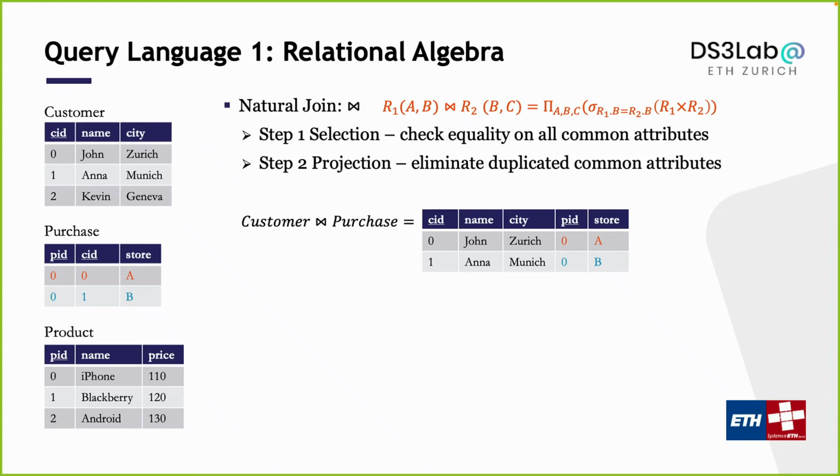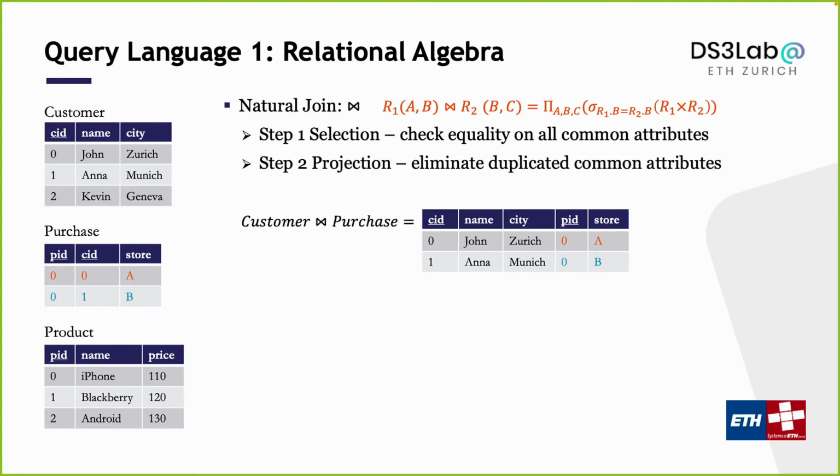Okay? So essentially you take the first tuple of the customer with customer ID CID equals 0, and you try to find whether there's a tuple in the purchase table with the customer ID equal to 0. In this case, that's the orange one. Then you are going to have a new tuple to say, yeah, this is my customer, 0, John Zurich. And also, this person purchased product 0, which you get from the purchase table.